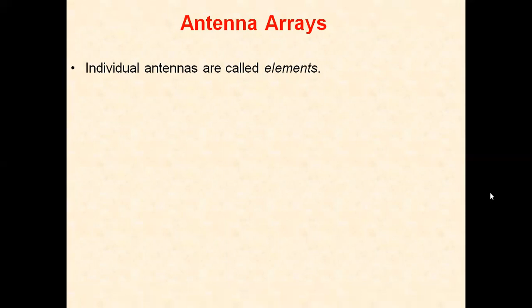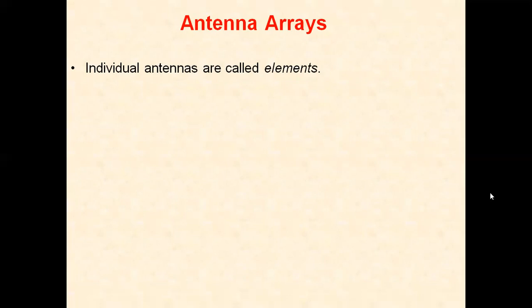So an antenna array is a radiating system consisting of individual radiators. It is a system of similar antennas oriented similarly to get greater directivity in a particular desired direction.